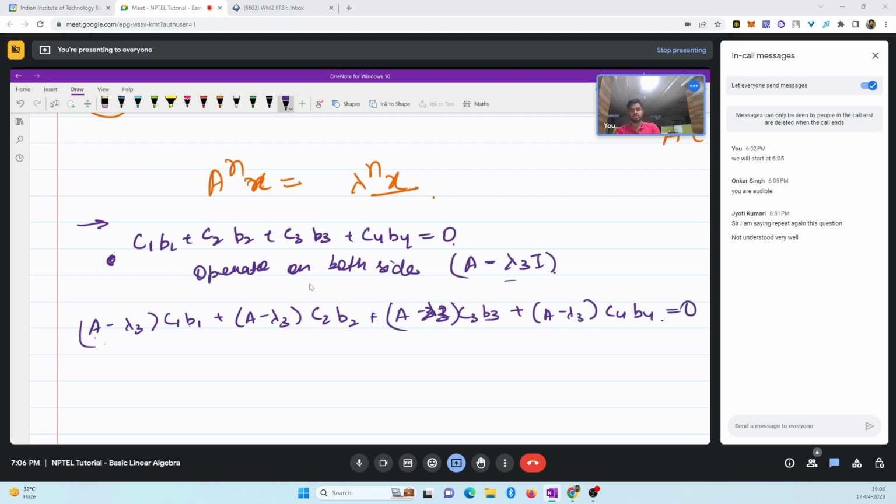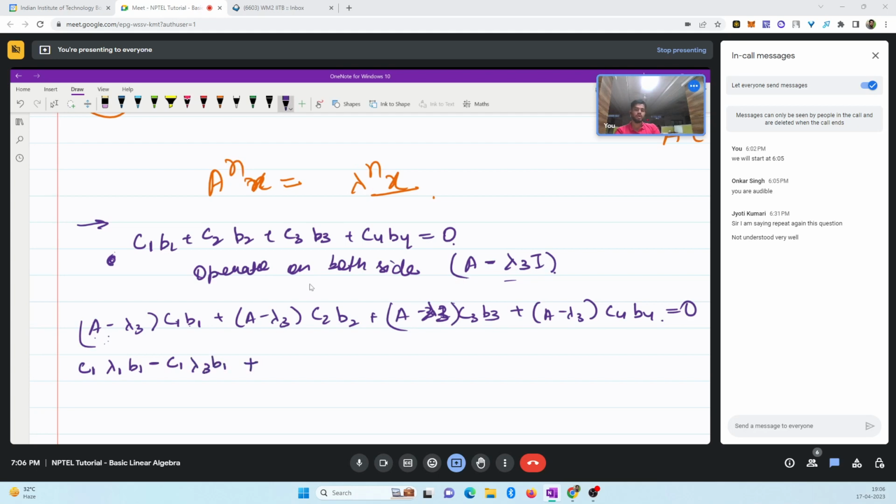Now, if you take this inside, then A times b1 would be lambda 1 b1, and this is minus c1 lambda 3 b1.